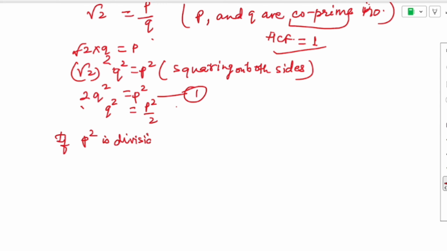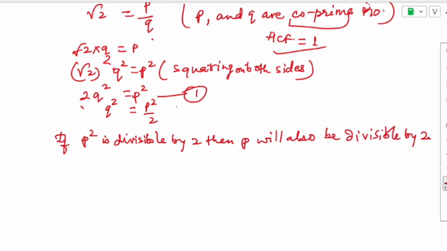Okay, so from this equation we can say that if P square is divisible by 2, then P will also be divisible by 2. So from this equation we can say that 2 is a factor of P. Okay, now let P be equal to 2R.